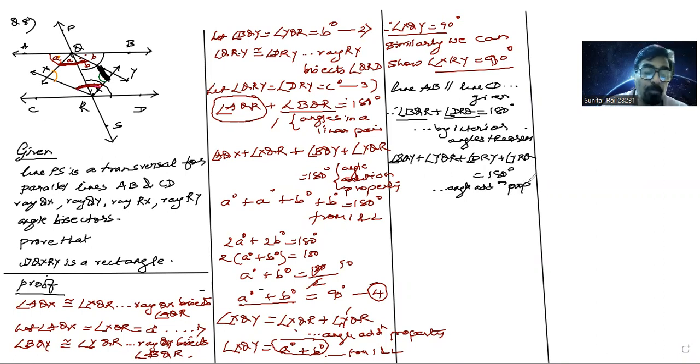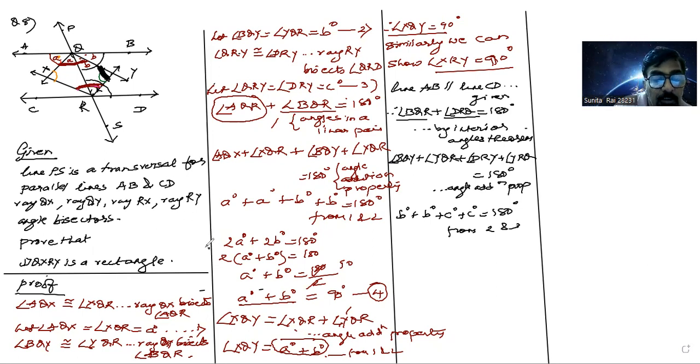Okay, now put the values, children. How much is this? This is B degrees plus B degrees plus C degrees plus C degrees equal to 180 degrees, from 2 and 3. Now simplify this.